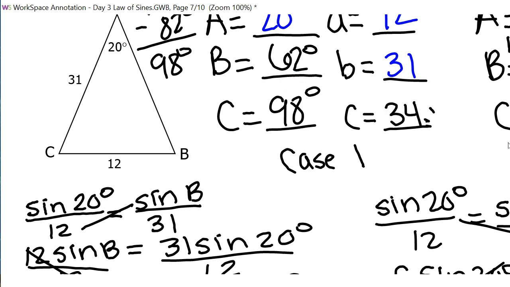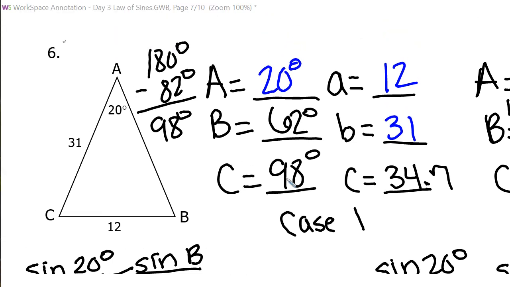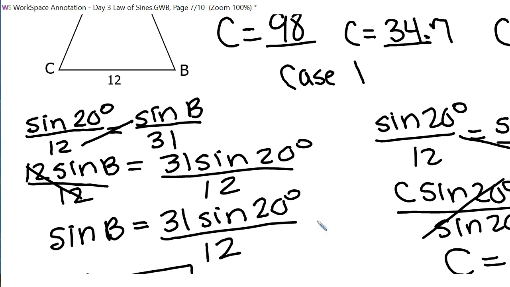Now for case 2. Notice for case 1, we did sine of 20 degrees over 12, right? Case 2, does it have that same pair? Yeah. But if I'm doing sine of A over A and sine of C over C, how would that change for case 2, looking at what we did for case 1? Sine of 42 is 90. Right, instead of 98 degrees, change it to 42 degrees.